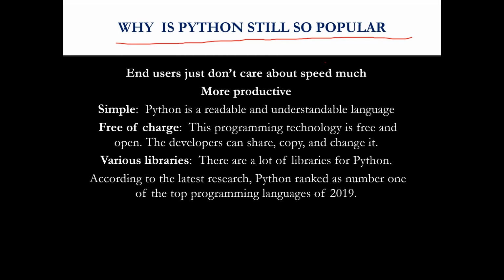And the second reason, like I said, is that Python is very easy to read and write, and Python programs take very little time to develop, as Python code is 3 to 5 times shorter than Java code.